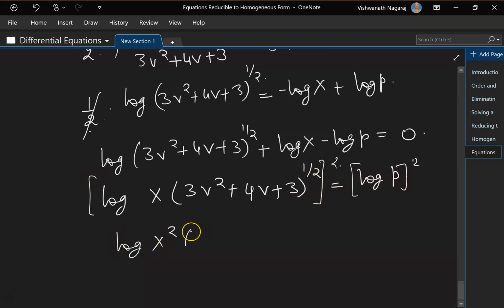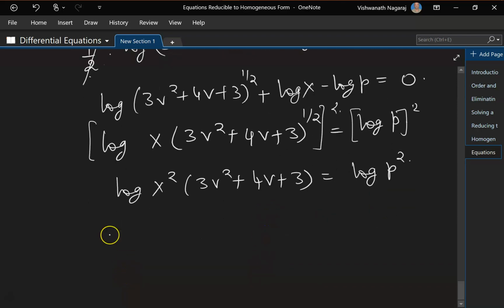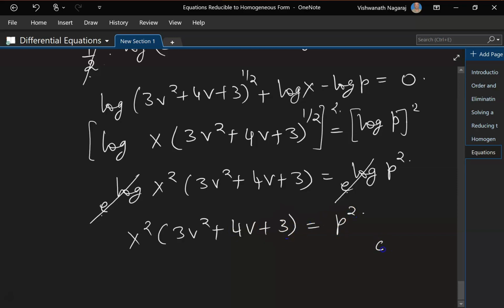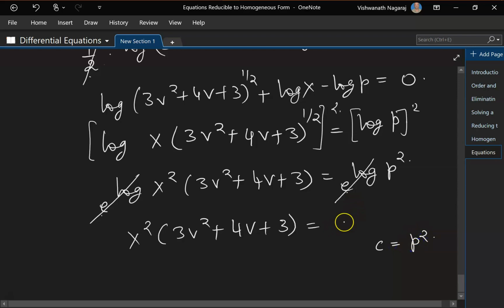Log x square 3v square plus 4v plus 3, 1 by 2 times 2 becomes 1, is equal to log p square. Now let's say we want to get rid of this log also, so e to the power of, so this gets cancelled, so x square 3v square plus 4v plus 3 is equal to p square. Let c is equal to p square, so this becomes c.